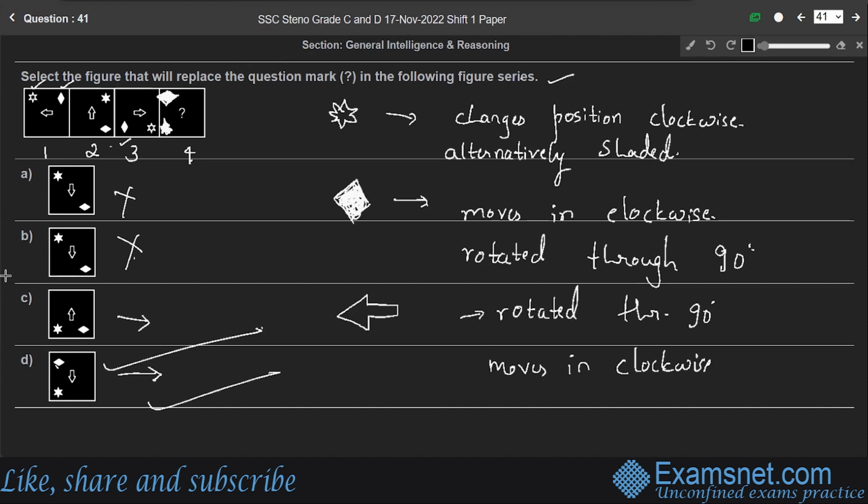In each figure, it is rotated through 90 degrees in clockwise direction. So in the fourth figure, its direction should be downwards, because in the third figure, it is pointing towards the right. Therefore, in the fourth figure, it should be downwards, at the center. Therefore, option D is the right answer.